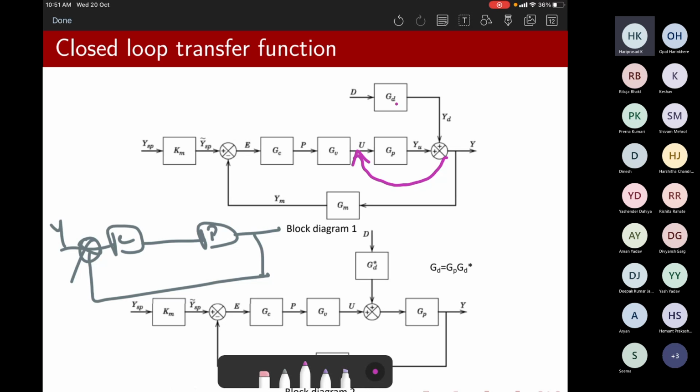In that case, instead of the original GD, you'll have to write a GD star here, such that GD star is GD by GP, because it's a product of transfer functions. So it's more of a notation. This may be useful and may also be used conventionally. If you are writing in this fashion, you will have to adjust the transfer function, by obeying the multiplicative rule of transfer functions.